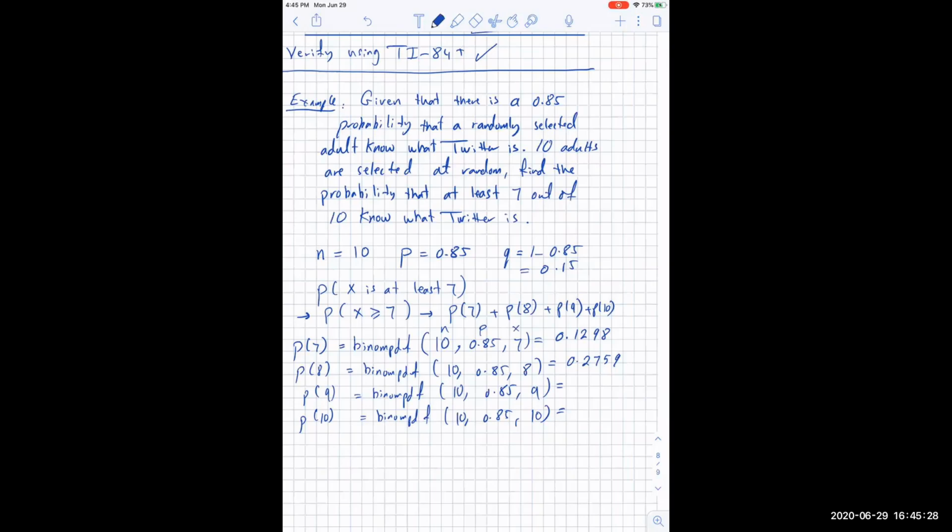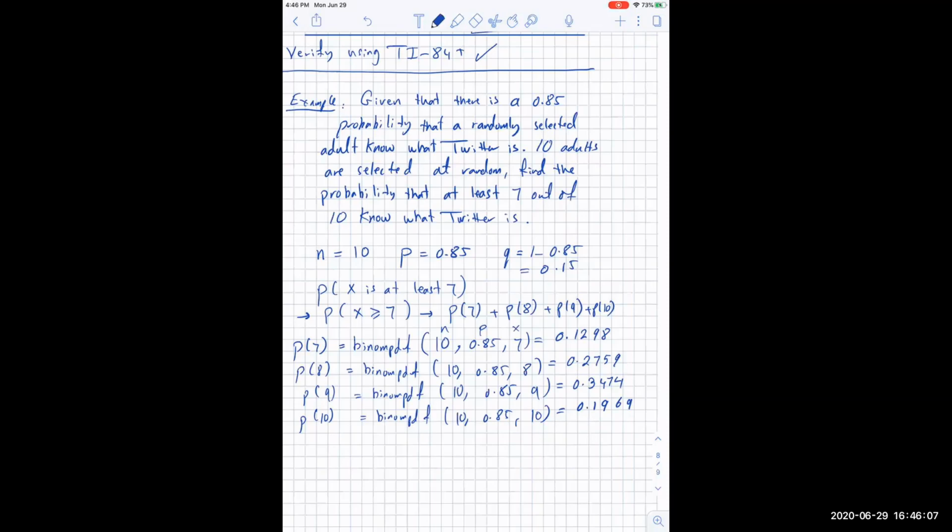Now nine successes. And that will give me 0.3474. And then the last value, the probability of 10 successes, gives 0.1969.